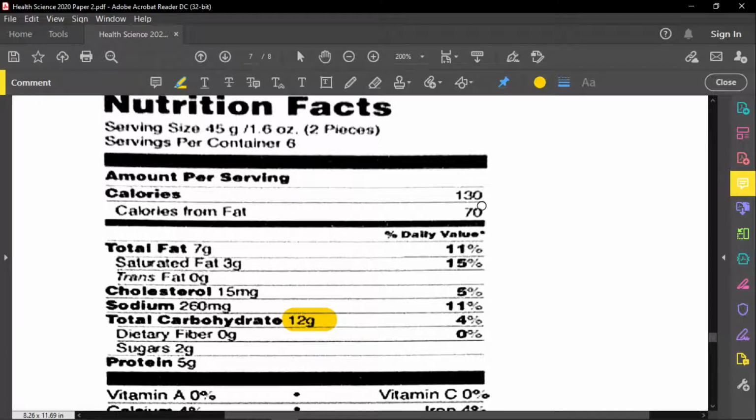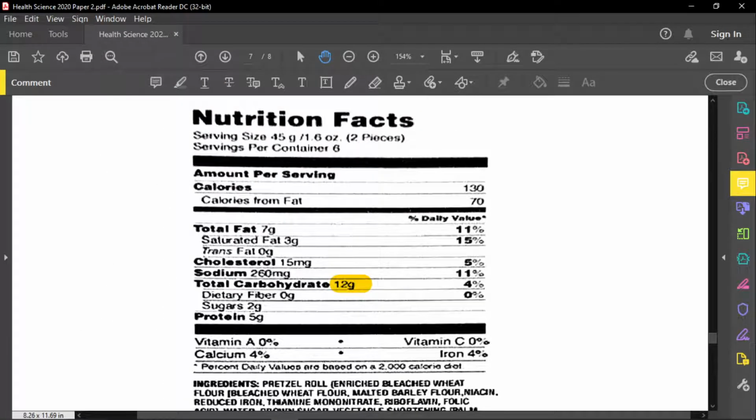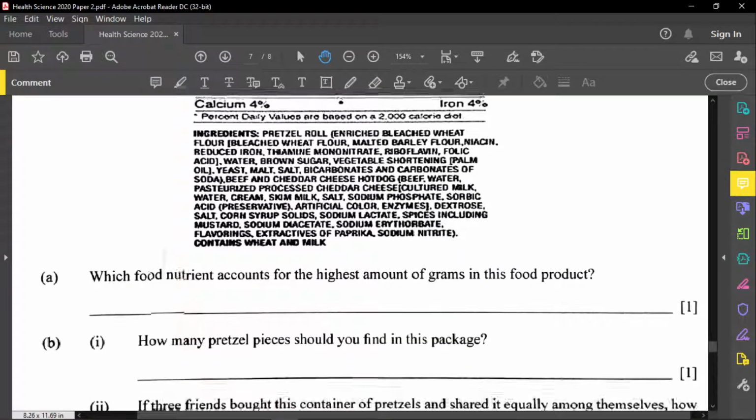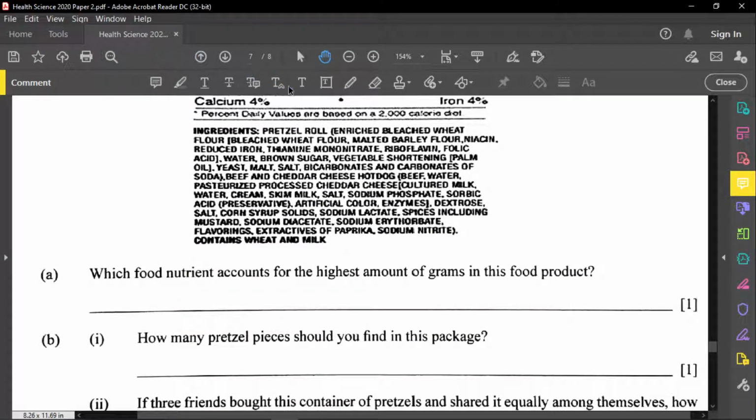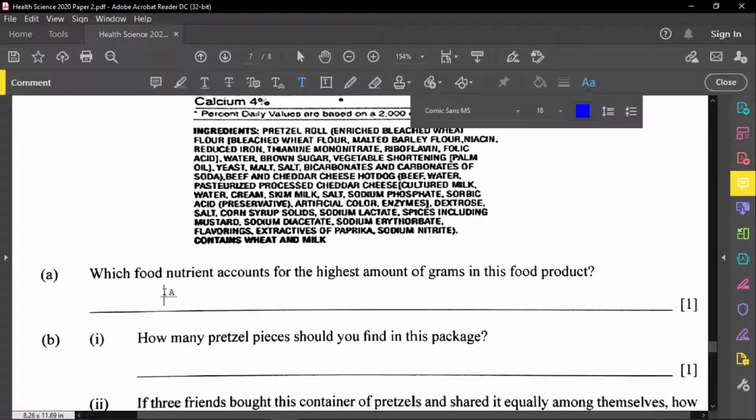Okay, so let's go back and answer the question. Carbohydrate is 12. All right, so which food nutrient here contains the highest amount of grams in the food product? It is carbohydrates. All right, so total carbohydrates is 12.